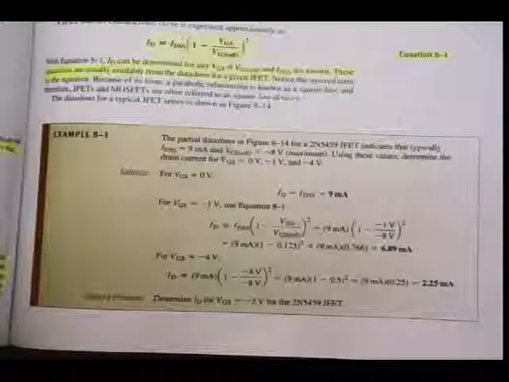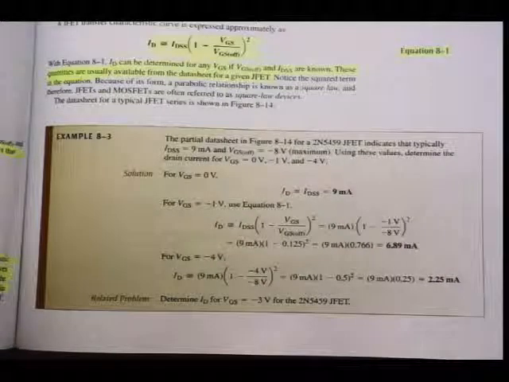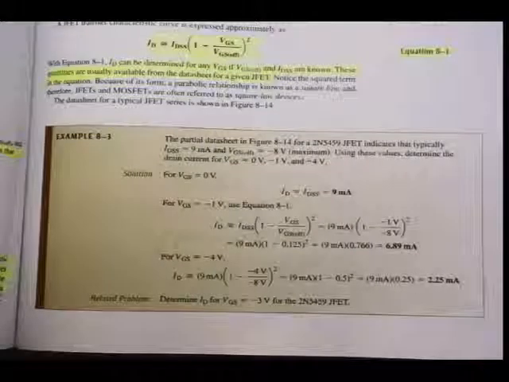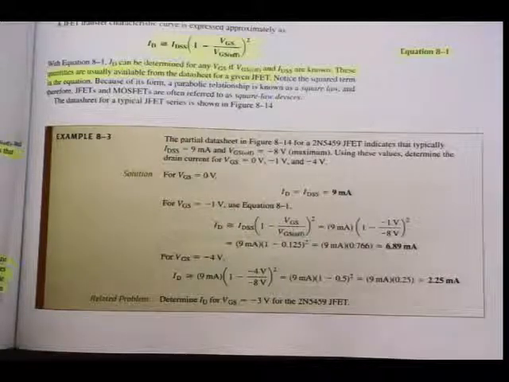So, for this example, for specific values of VGS, not specifically to draw the transfer characteristic curve. For VGS equal to 0, I know ID is equal to IDSS, which is 9 milliamps. Just put the values in the formula. At -1, I can see that ID will be equal to 6,89 milliamps.